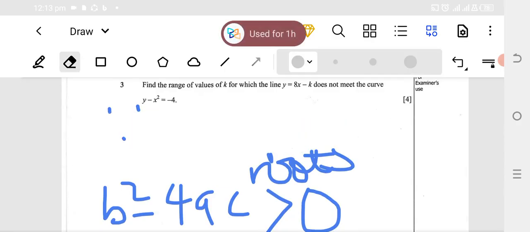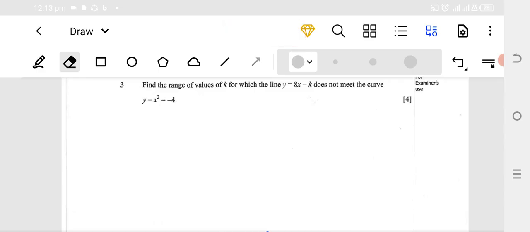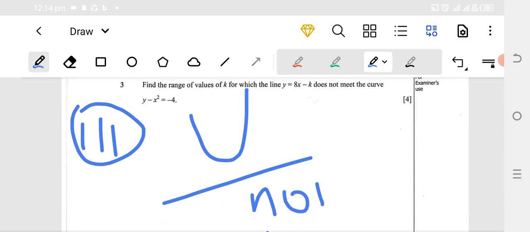So we can clean up. You need to know all these. The third thing to know is when you have a curve and a line, and the line does not meet the curve, like in question 3. It means that there are no roots. Roots mean answers.